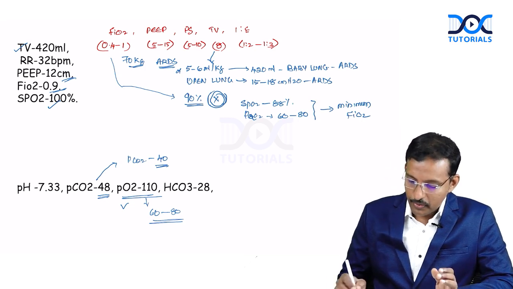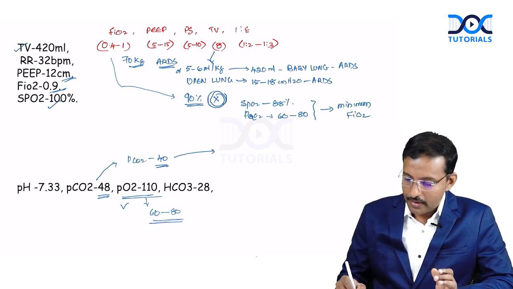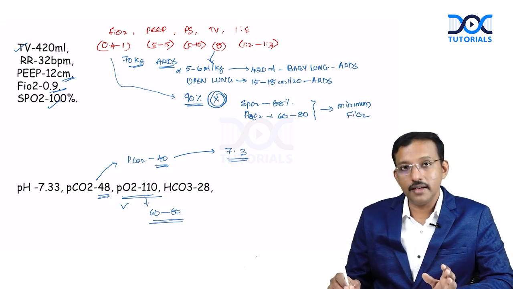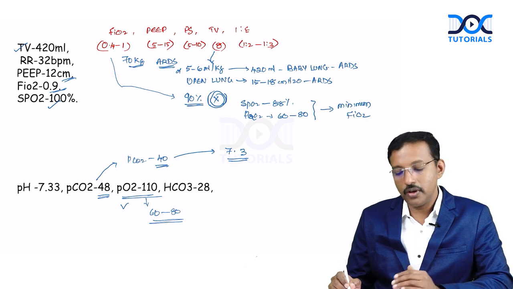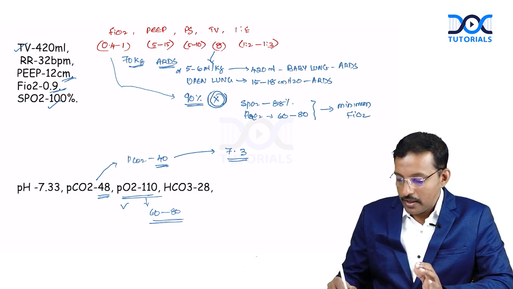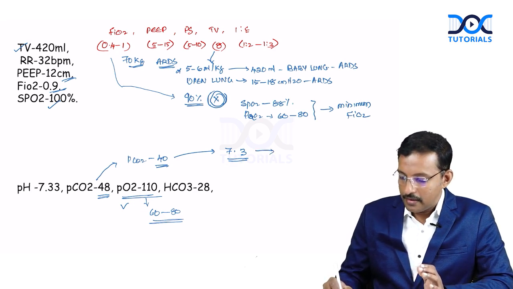Now in fact what I am trying to say, if the pH is more than 7.3, you can allow a PCO2 of this. You need to treat it with bicarbonate only when the pH falls below 7.3.